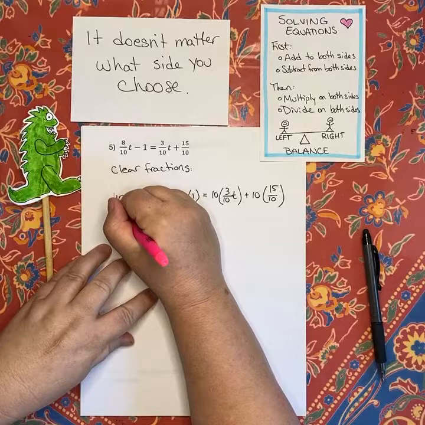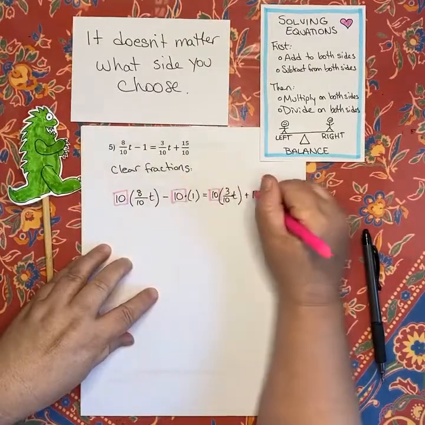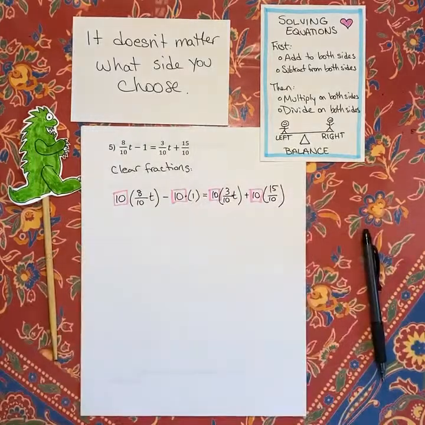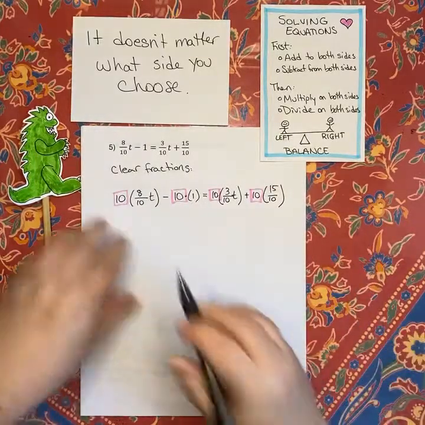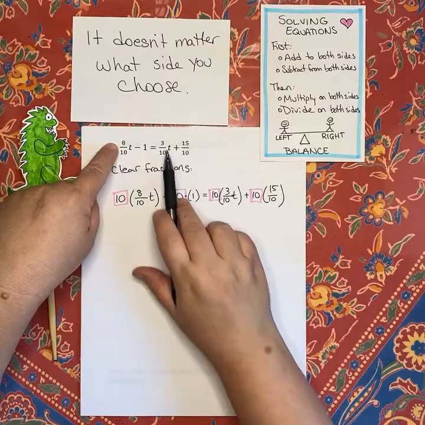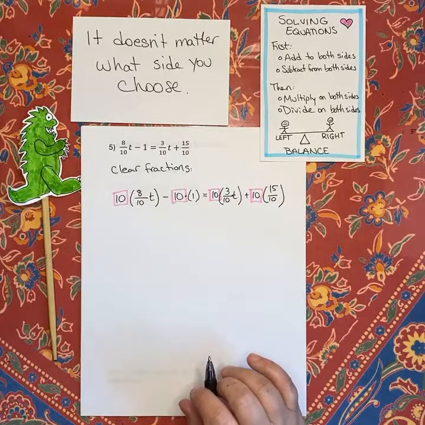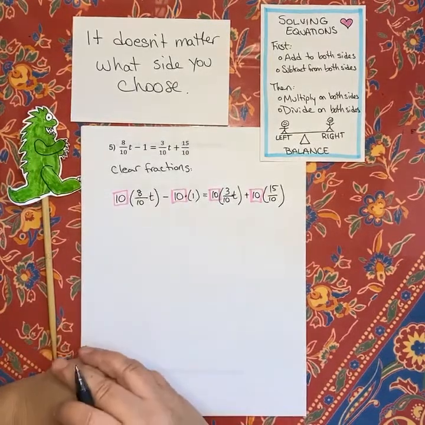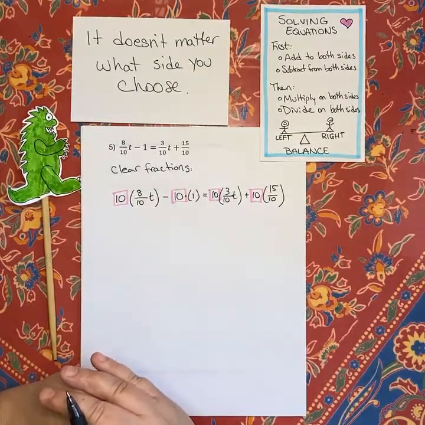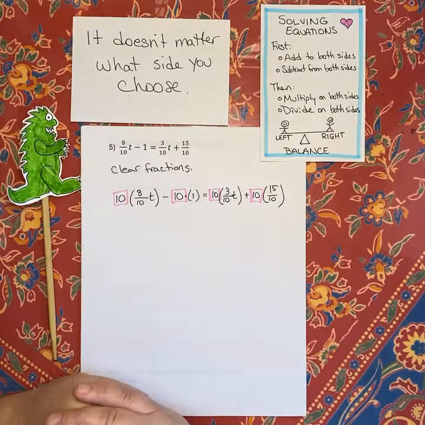Notice that I've got a 10 here, I've got a 10 here, I've got a 10 here, and I've got a 10 here. Every term got a 10 on both sides. I didn't skip anyone. Yay! Okay, so it turns out, though, that 10 is not the best form because these are all fractions.